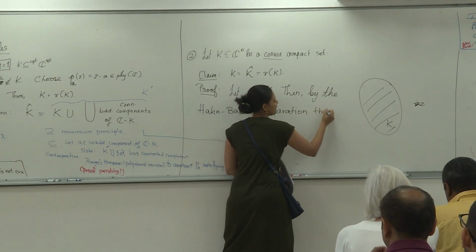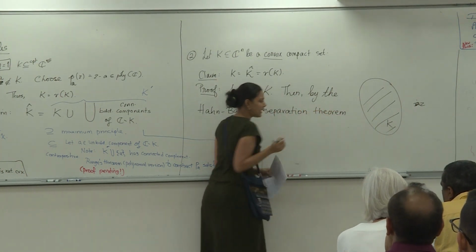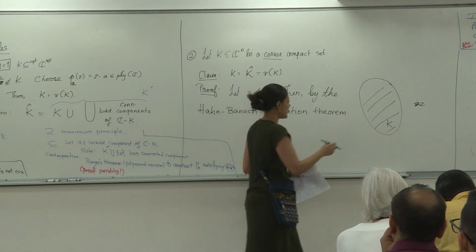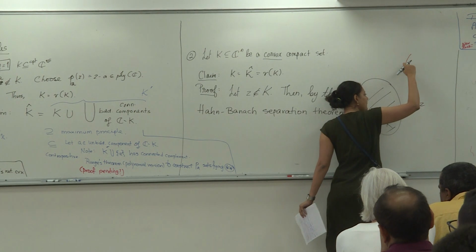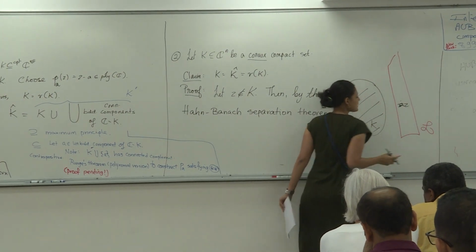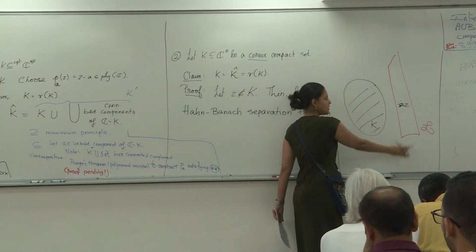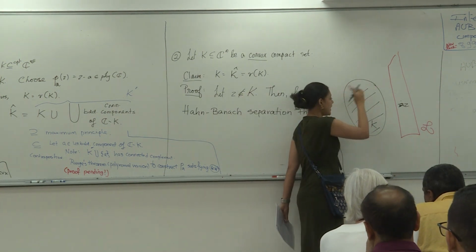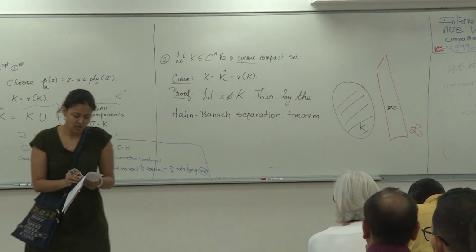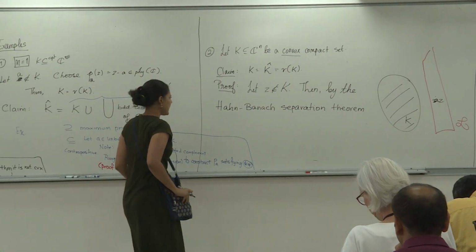What the Hahn-Banach separation theorem tells us, in terms of pictures, is that there is a real hyperplane, something like this, that passes through Z but does not intersect the convex set. Okay? And so this is a kind of separation property that I may have mentioned yesterday also.